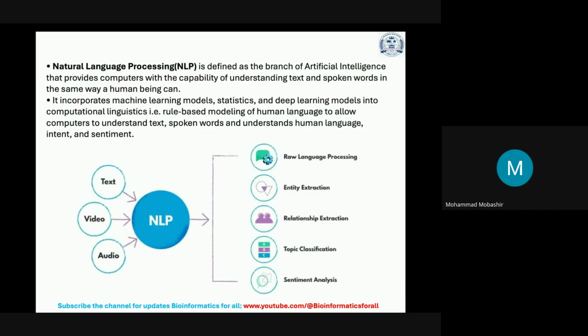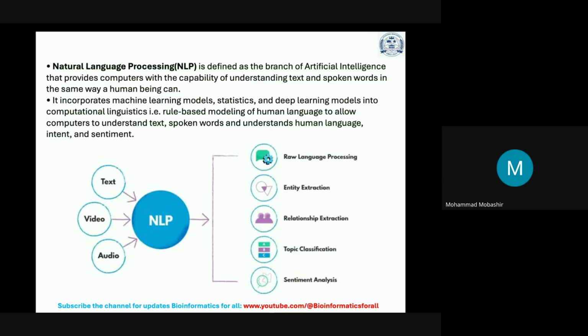It incorporates machine learning models, statistics, and deep learning models into computational linguistics, that is rule-based modeling of human language, to allow computers to understand text, spoken words, human language, intent, and the sentiments. So this is the clear and quite basic background. If you understand these two slides, you don't need any other background about the NLP introduction.